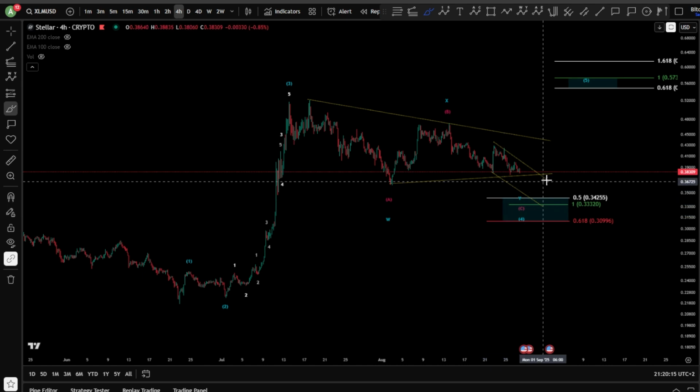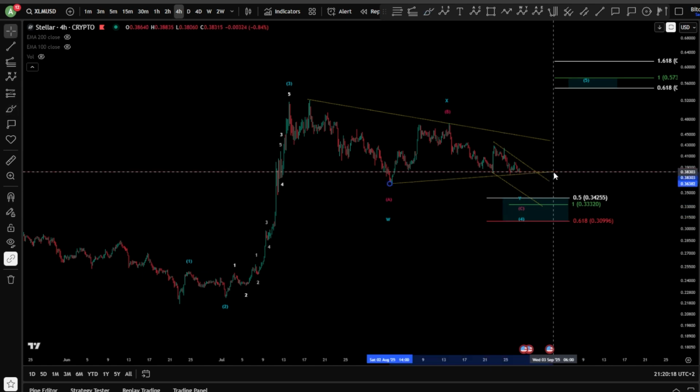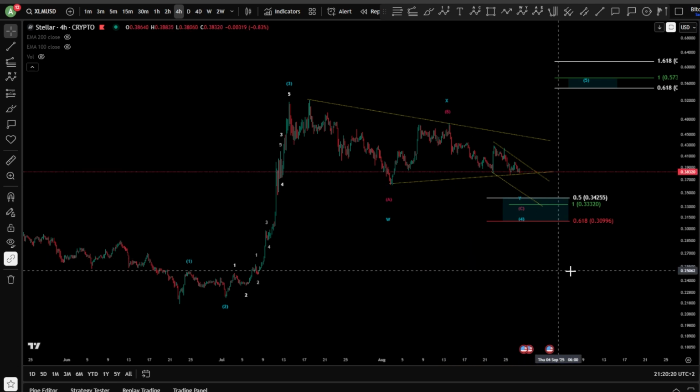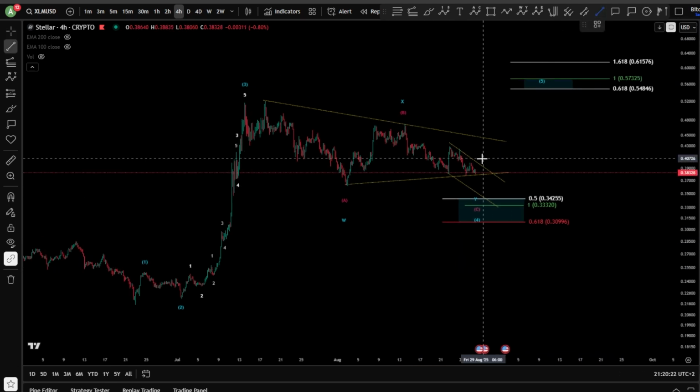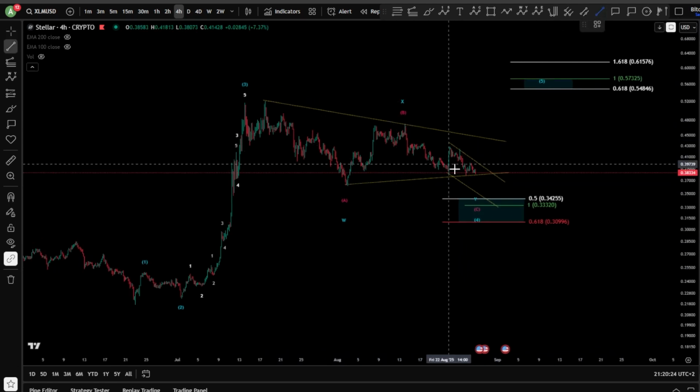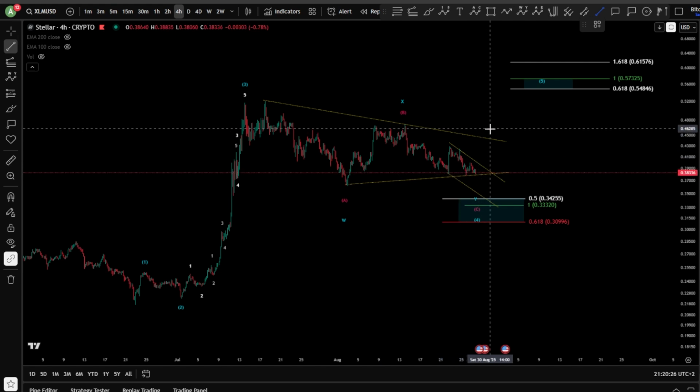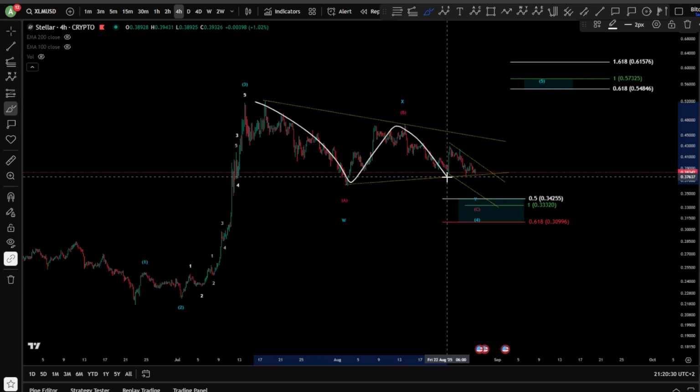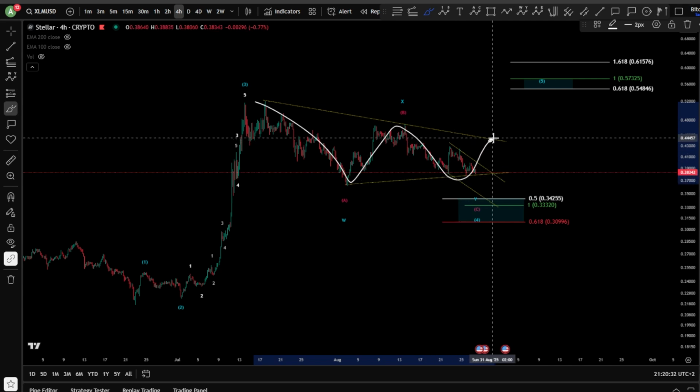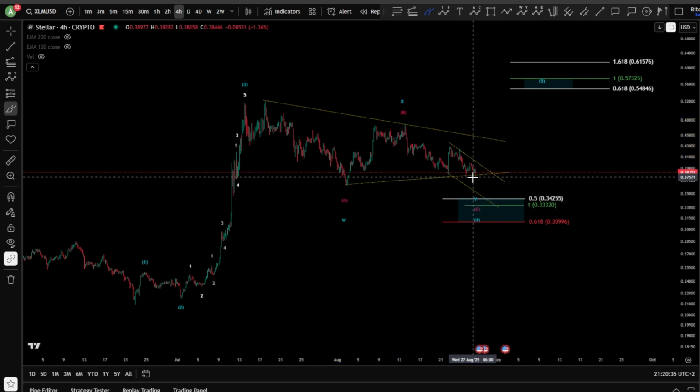Now, if you ask me what is the highest possibility, well, there is no highest possibility here. That is priority. That is an A, B, C, D, and you're looking for a wave E potentially. Sorry, A, B, C, D. You're looking for a wave D and a wave E later on. Meaning, currently, this is a priority.